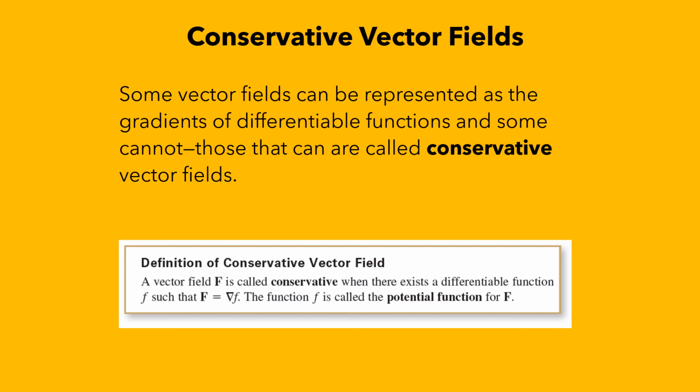The definition says that a vector field F bar is conservative if you can find a potential function small f such that F bar is equal to del f. If you can find a small function f such that capital F bar is the gradient of f, then you can say that it is a conservative vector field.